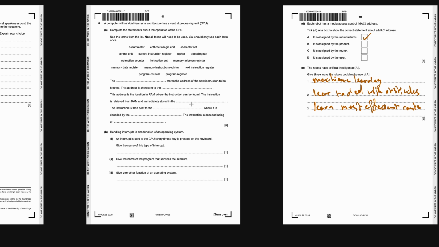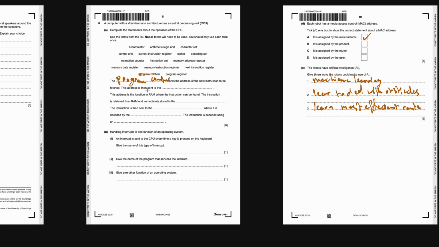If we just go back and revise the von Neumann architecture, it's a very important topic. What stores the address of the next instruction is actually the program counter. So it stores the address of the next instruction to be fetched.